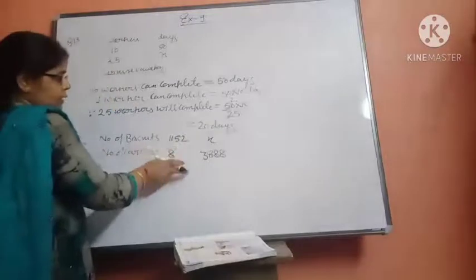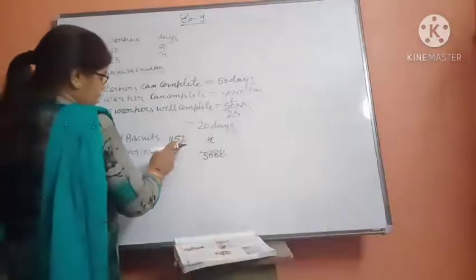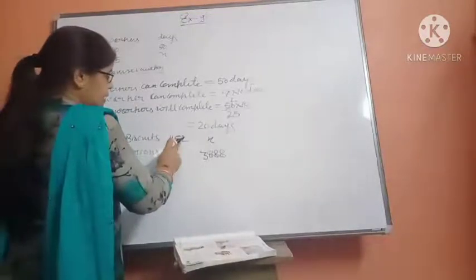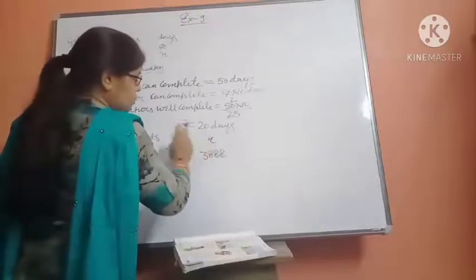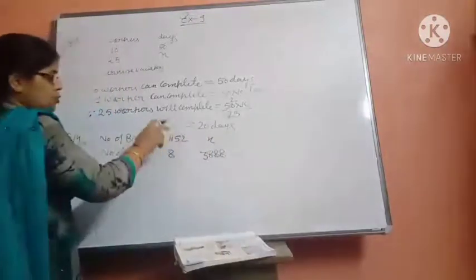Now take them in what manner? Here the number of biscuits in 8 cartons. Here the number of biscuits has increased, so the cartons will also increase. So it is a question of direct variation.